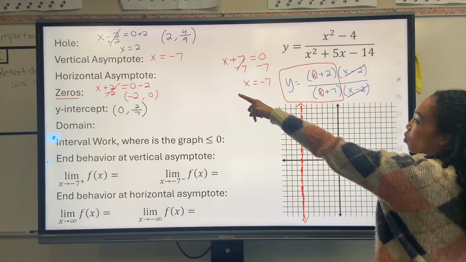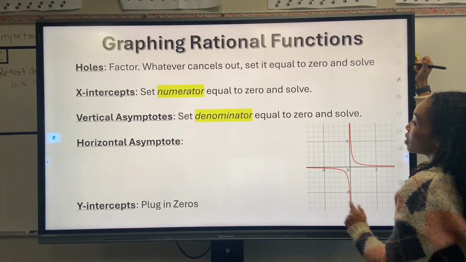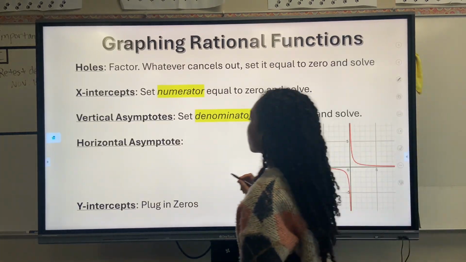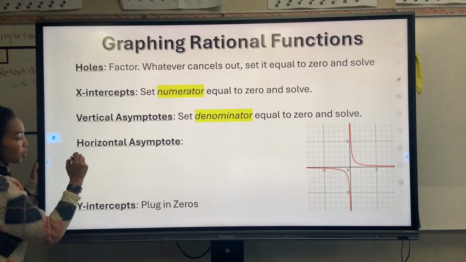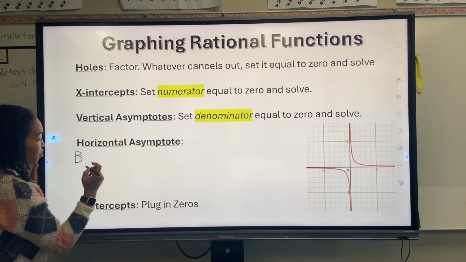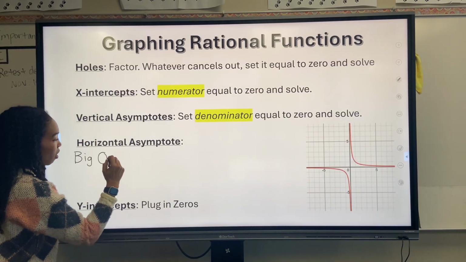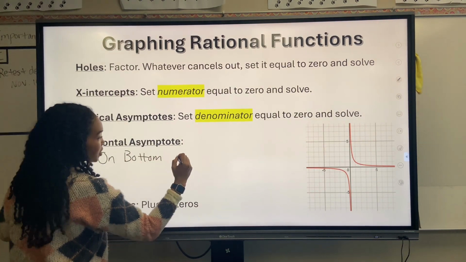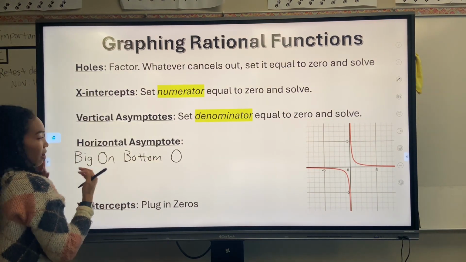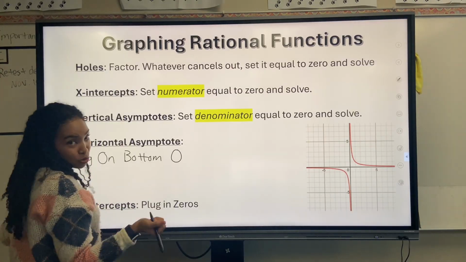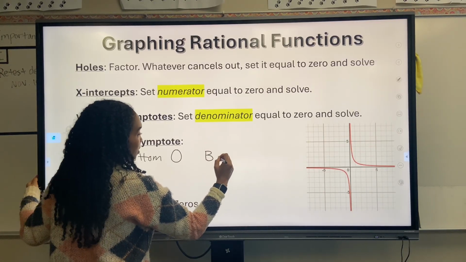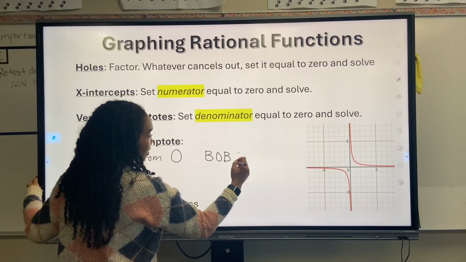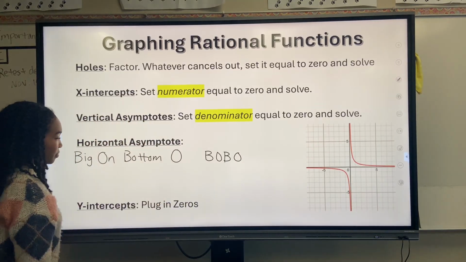Okay, now let's find the horizontal asymptote. Now the horizontal asymptote, if your rational function is big on the bottom, your asymptote is 0. Now the mnemonic that you used in Algebra 2 was: if it's big on bottom, it's 0, BOBO.